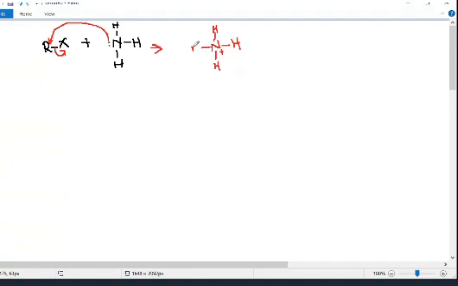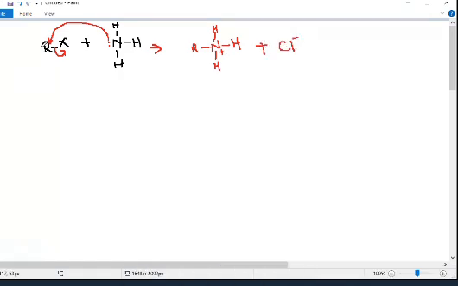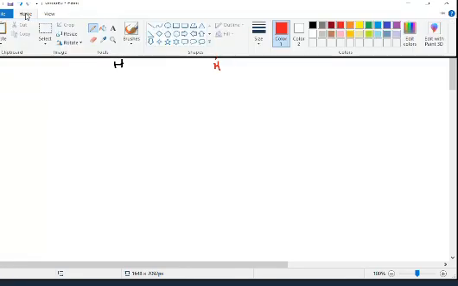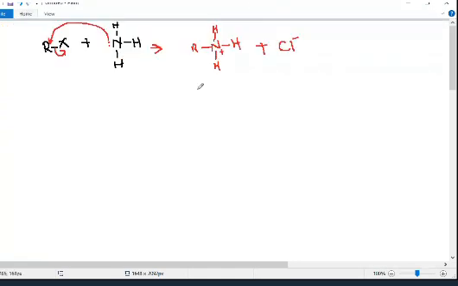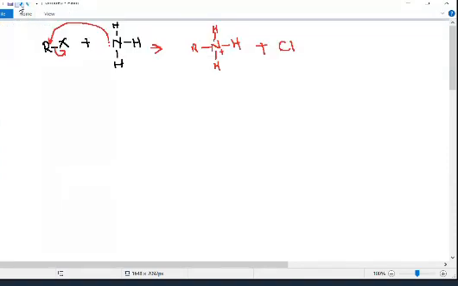Remember, this one has given out electrons, so it is positively charged. Now that the alkyl group has been introduced, we have N plus and the halide. Allow me just to use the way it was.